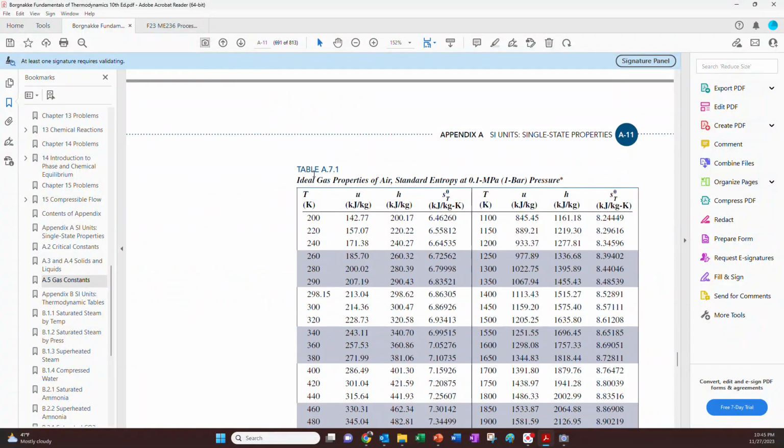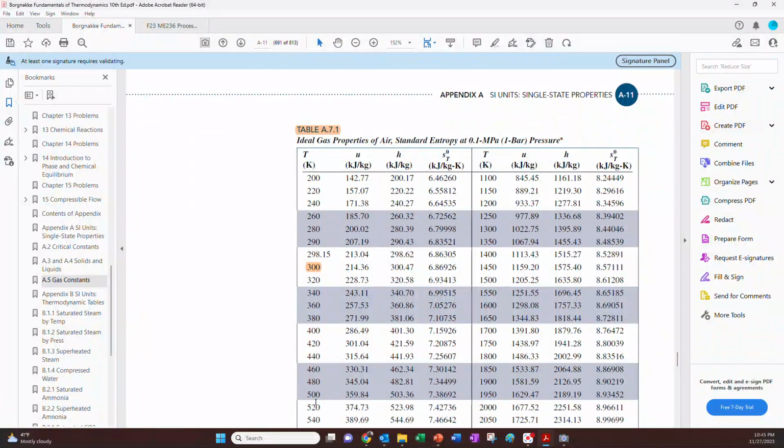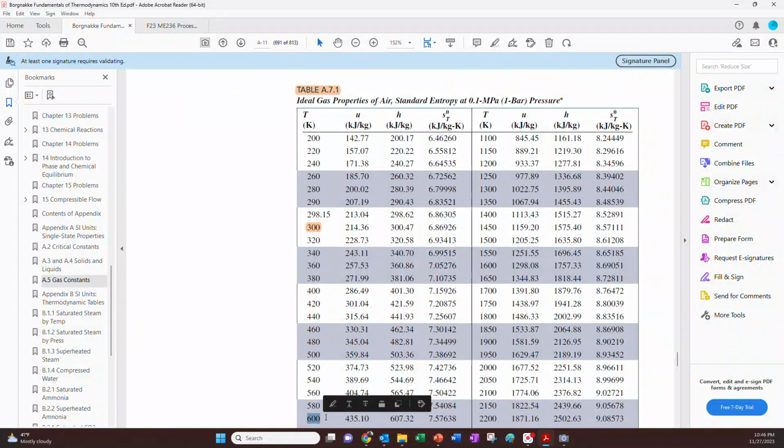Right away, this is table A71, and we had 300 Kelvin and we're going up to 600 Kelvin. So we want to use this for 300, and this for 600. So let me write that down. This is table A71.